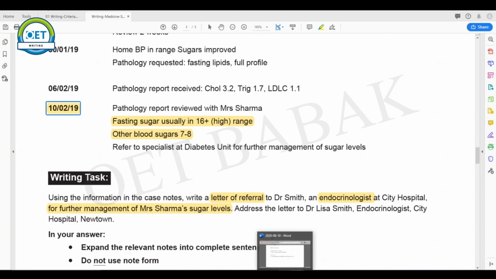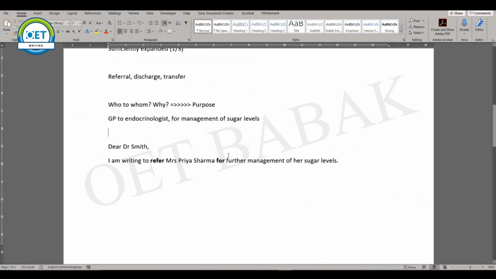Right. Okay. So basically, on this date, you decided that the patient needs to be referred, right? So could we give more information about Mrs. Sharma? For example, if you say Mrs. Priya Sharma has attended with uncontrolled diabetes mellitus type 2.